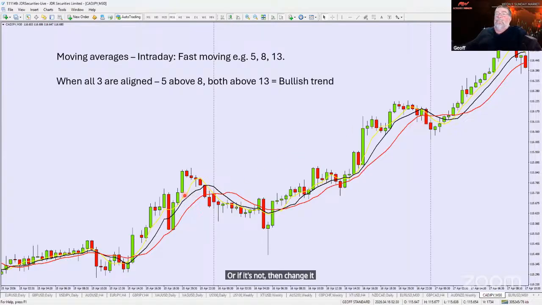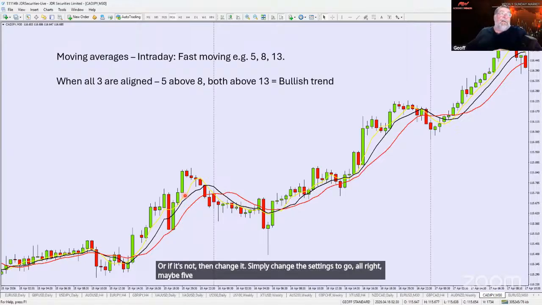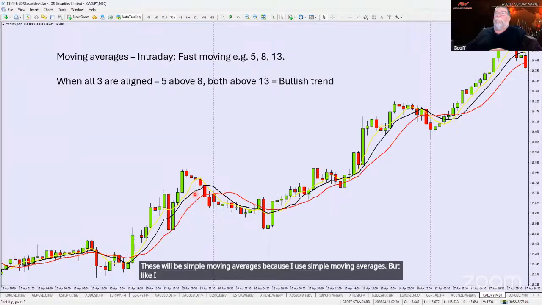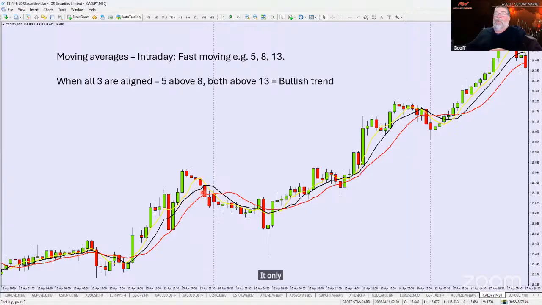Simply change the settings to go, all right, maybe 5 is better than 10, maybe 15 is better than 20. I don't know. They're the things that you need to discover. These will be simple moving averages because I use simple moving averages. But like I said, it doesn't matter what I use. It only matters what works.